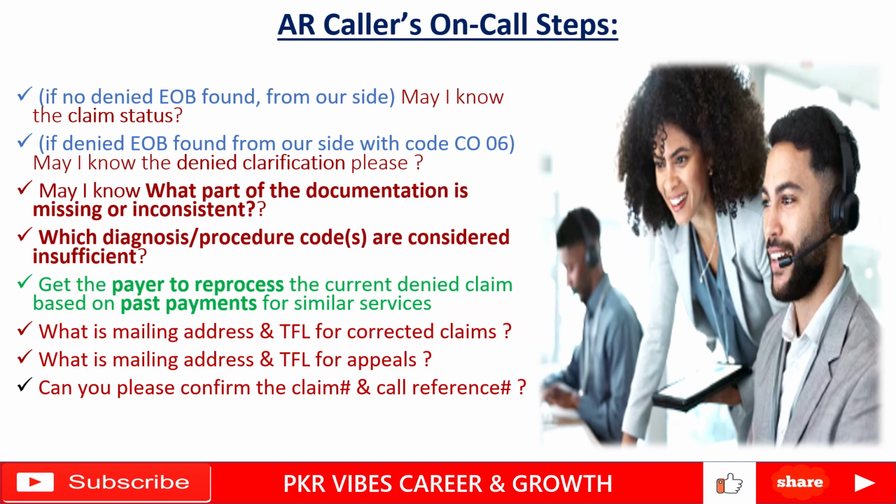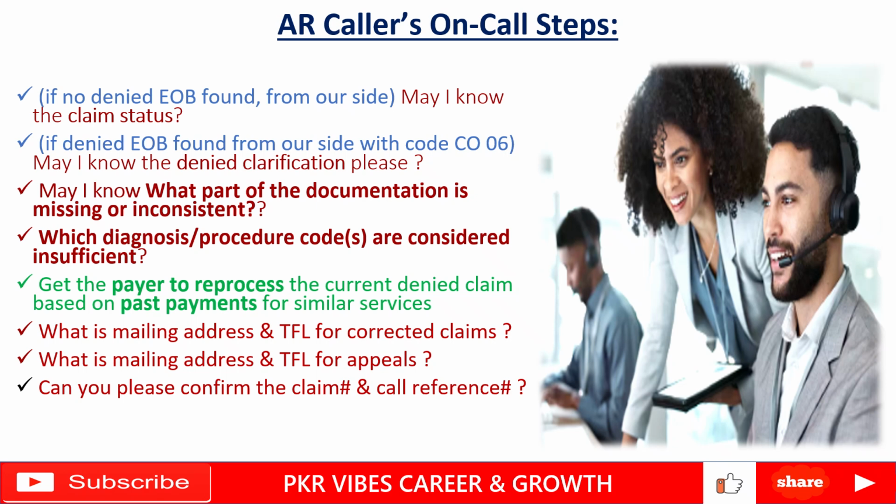And for example, if there are no previous payments, at the time you should continue your questioning, like what is the mailing address and the timely filing limit for corrected claims. So you should take this information. Why? I will discuss in the end actions why a corrected claim is required. If they are not paying, we should task these claims to the coding department.